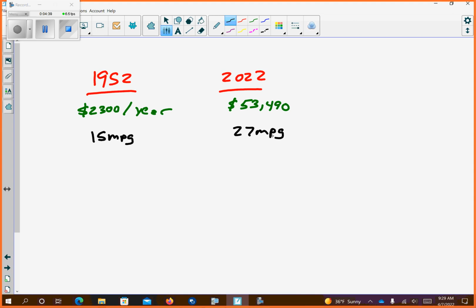So we're doing better as far as that. They're saying that back then it was 27 cents per gallon, and now it's $4.32. They said that was the national average yesterday.